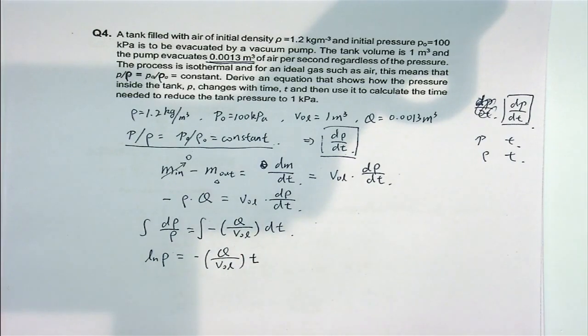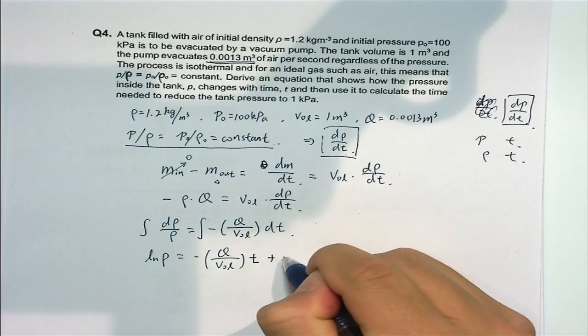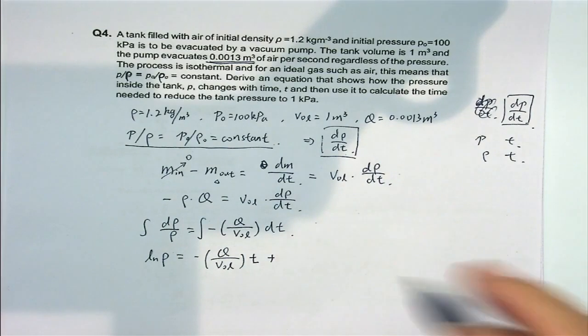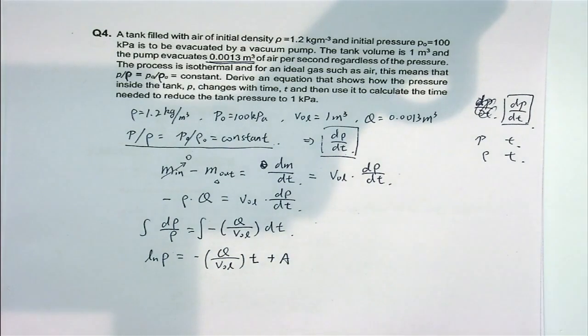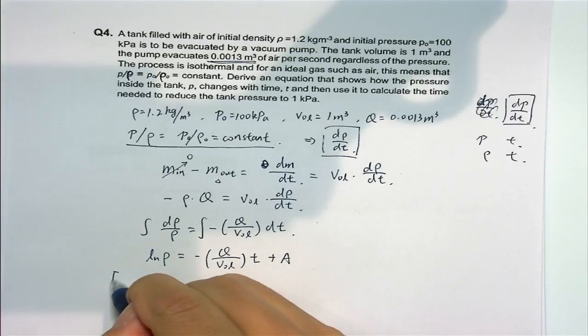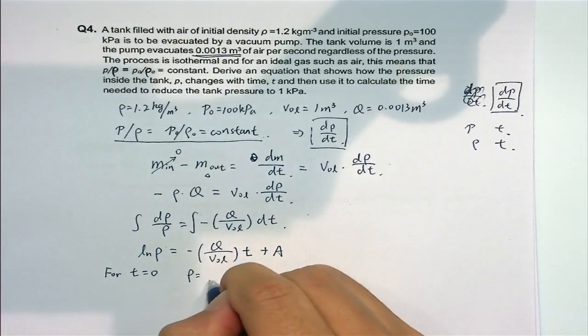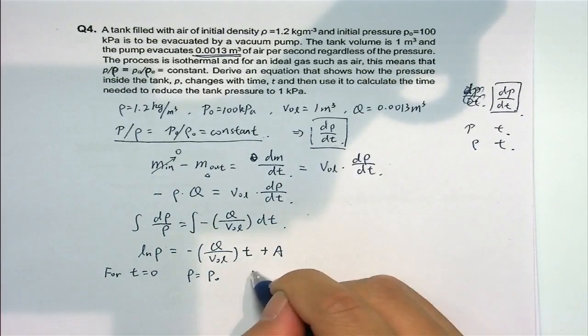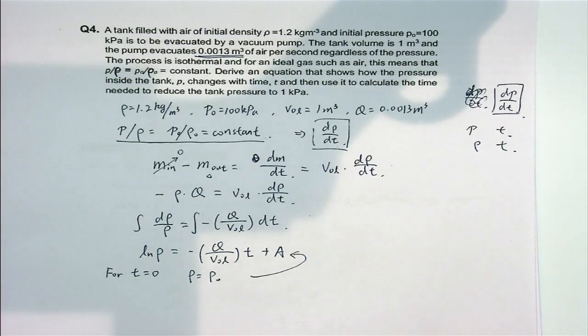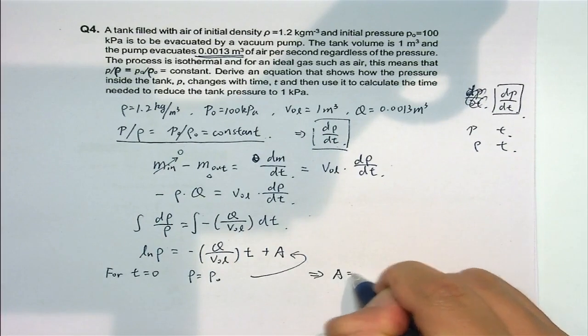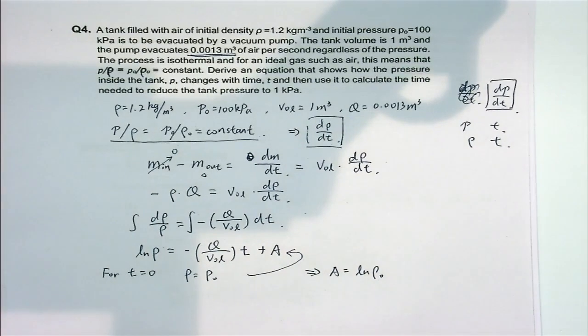But we don't know the upper limit and lower limit, so we just plus the constant for this one. But now we know the initial density and the initial pressure. So initially, for time equal to 0, we know that rho is rho 0. And we substitute. We can get A is ln rho 0.